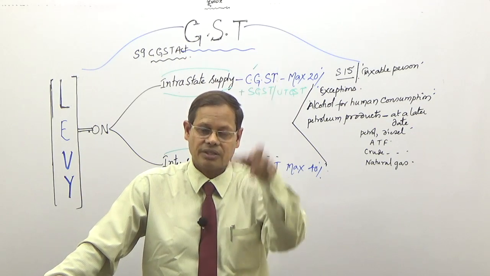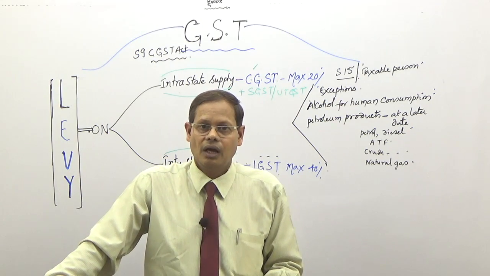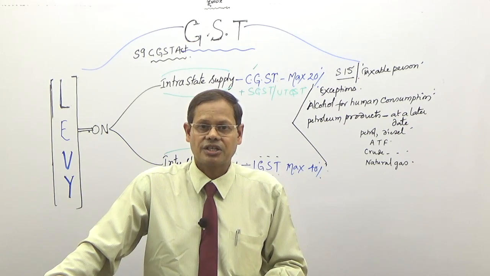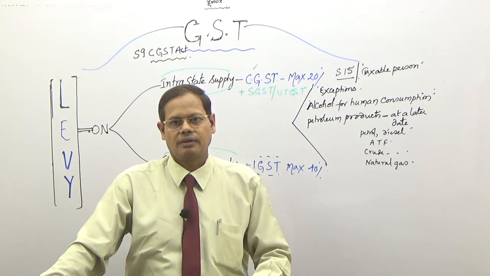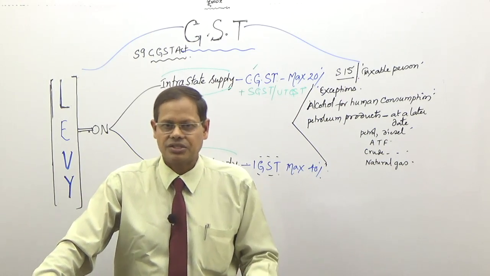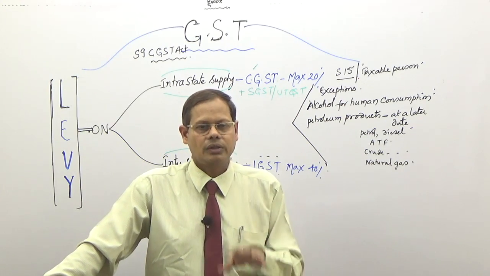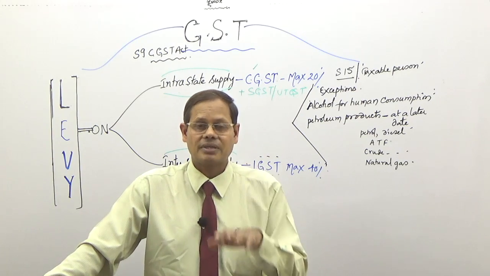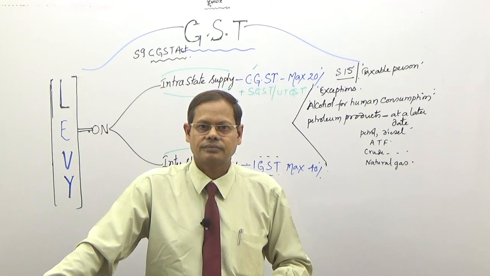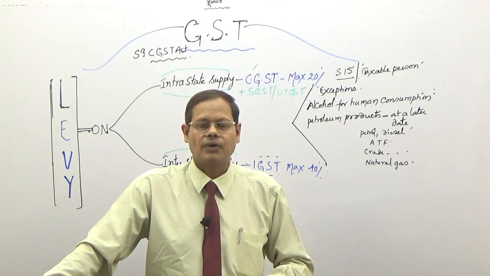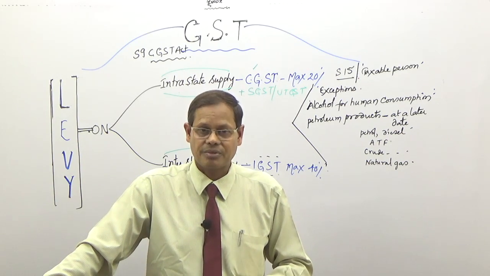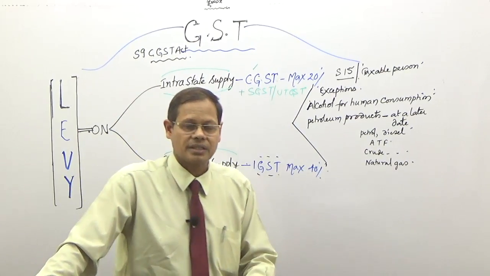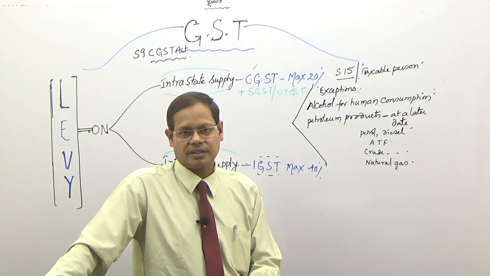There are 12 categories of people given under section 24, such as suppliers making interstate supply of goods or services. Like that, there is a list. For all these 12 categories of suppliers, registration is compulsory under section 24. Unless somebody falls under section 23 as exemption, agriculturists are exempted anyway. Nil rated and fully exempted supplies are exempt.